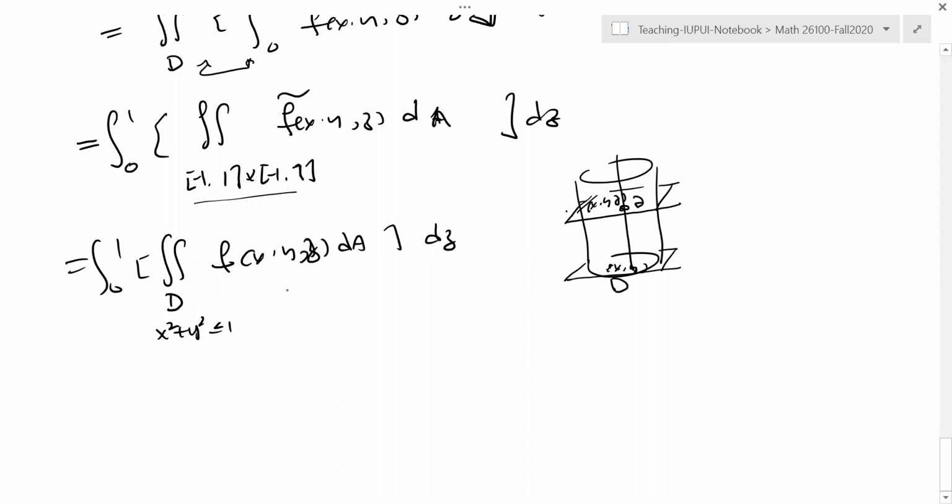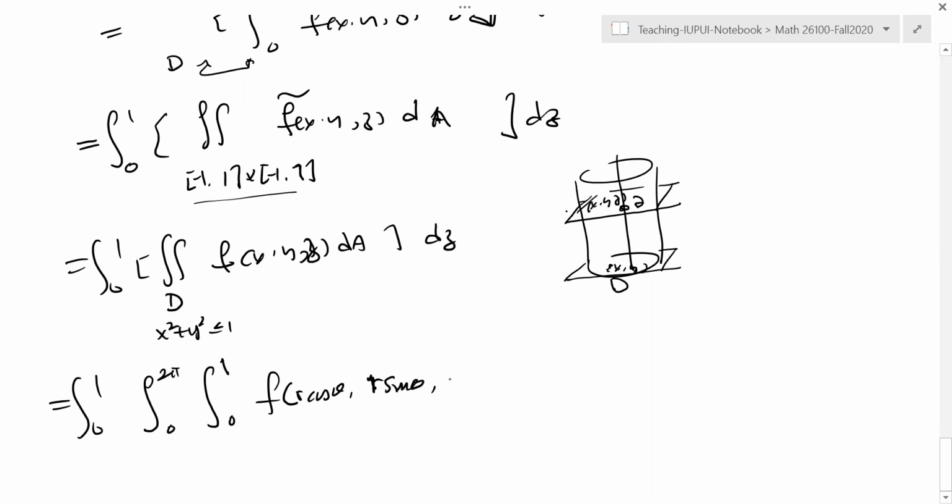If you use polar coordinates, this could be from 0 to 2 pi, from 0 to 1, and here's f, where x is r cosine theta, y is r sine theta, and this is z, and here's r dr d theta. Then dz.